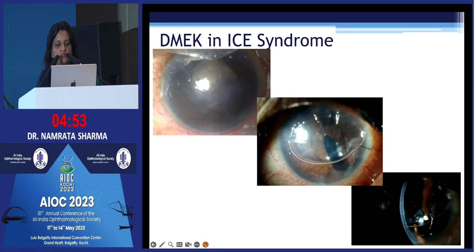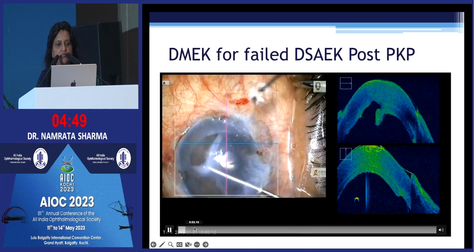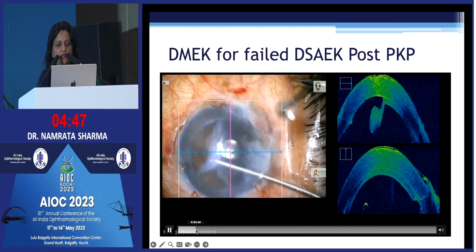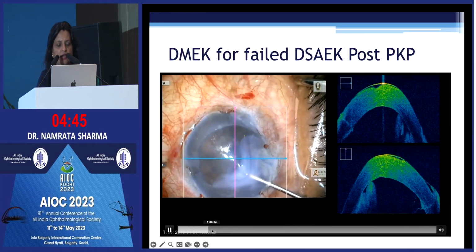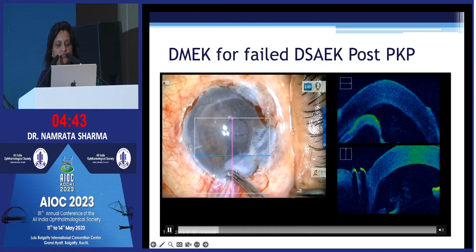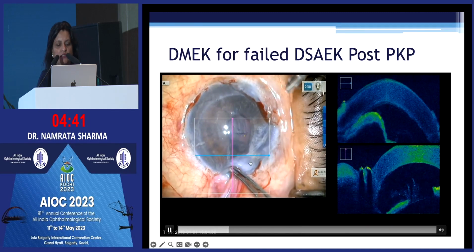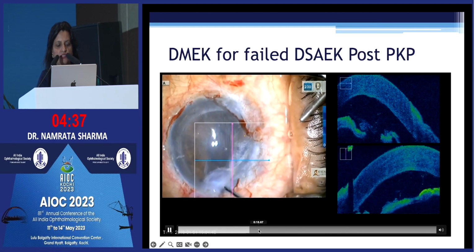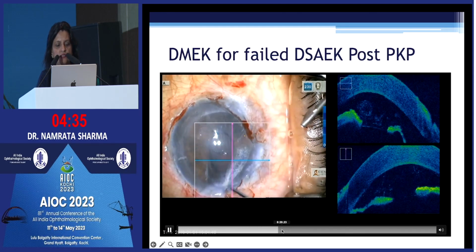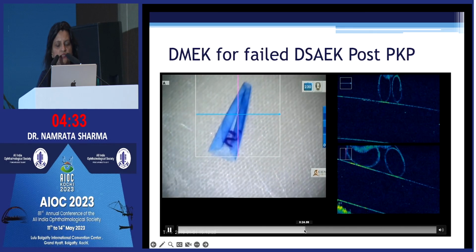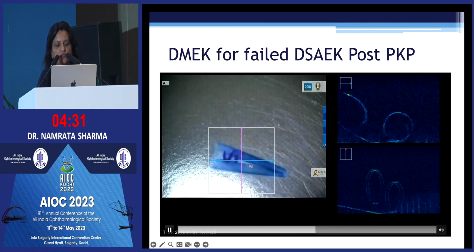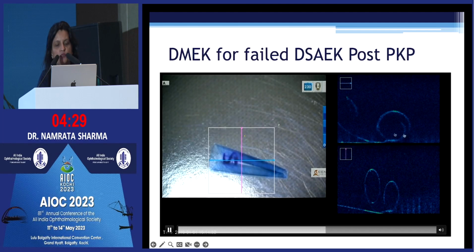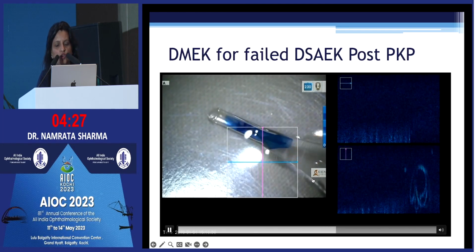Now, this is just to show DMEK in ICE syndrome in the post-operative period. This is a case of DMEK for failed DSEK post-penetrating keratoplasty, and in this, the adhesions are present with the DSEK graft here, which are again visualized very well on the intraop OCT microscope also. And then subsequently, after removing this, I like to load it in this direction only, where the biceps curl is already upwards, so it doesn't go down.